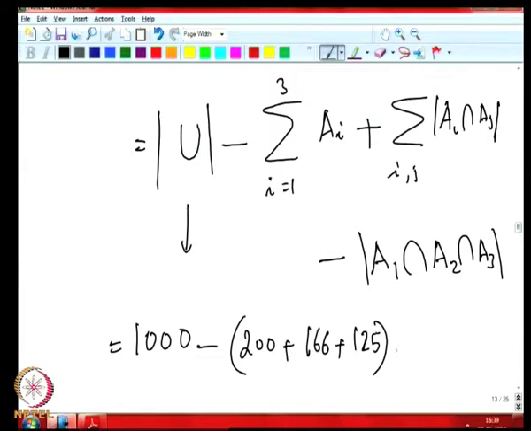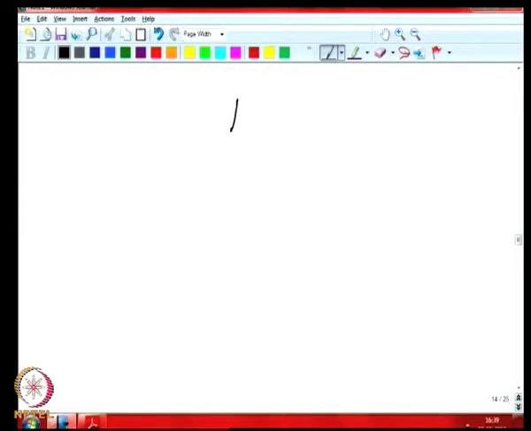Then we have to add this for every pair, every pair Ai intersection Aj. Here we have A1 intersection A2 for instance. What is that? That means it is divisible by 5 and it is divisible by 6.